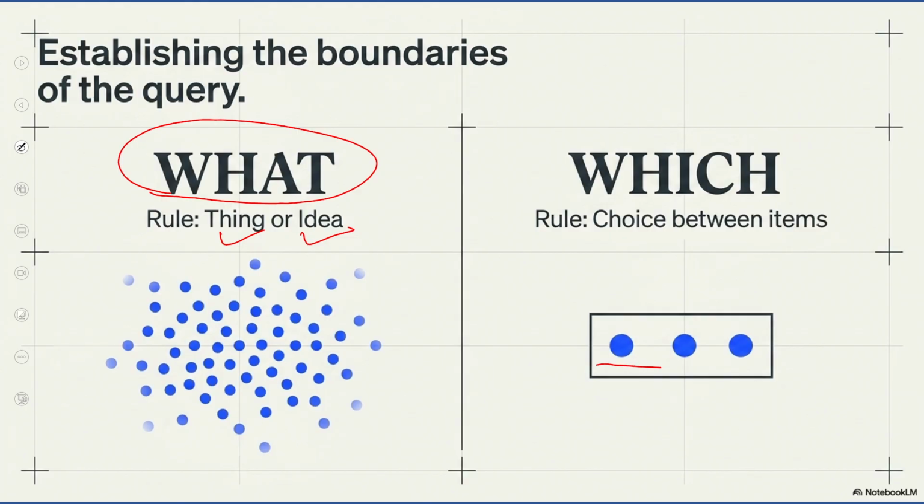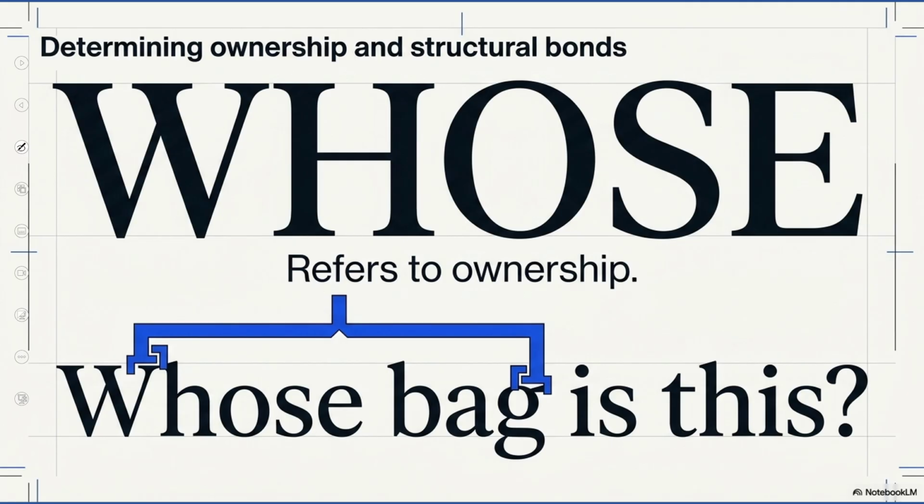And if you have a lot of options and you have a choice, then you have to choose which for it. Now, we have already discussed that whose is referring to ownership. If somebody owns it and we have no idea who is the owner, then we are going to choose whose.